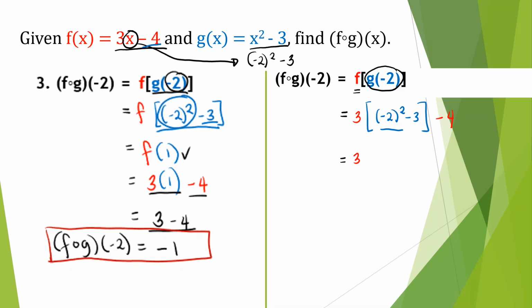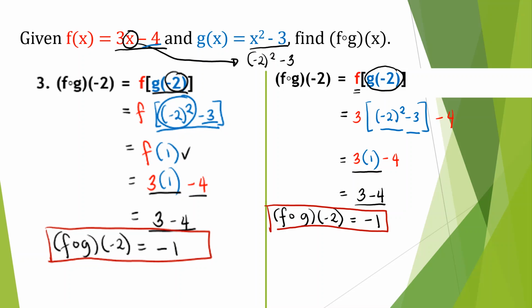The square of negative 2 is positive 4, minus 3 is positive 1, minus 4. Positive 3 times positive 1 is positive 3, minus 4. So the value of f circle of g of negative 2 is equal to 3 minus 4, which is negative 1. So this will be our final answer. And obviously, this one is the same as the previous solution.